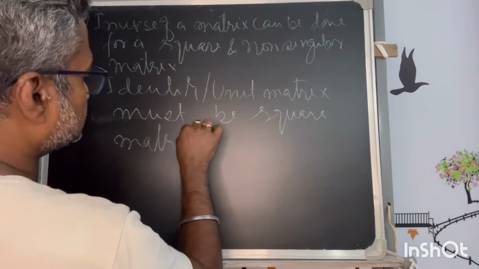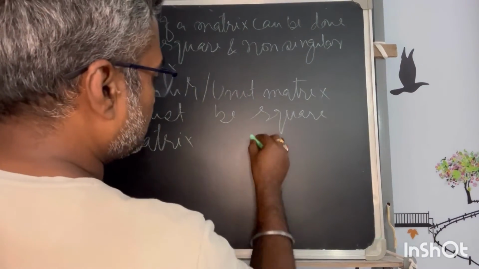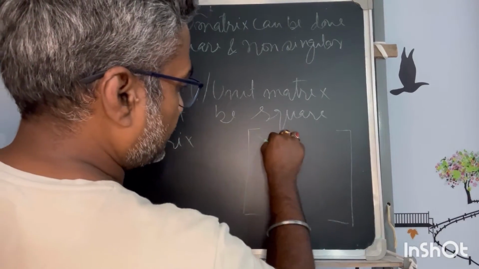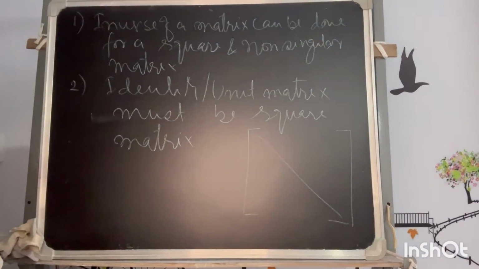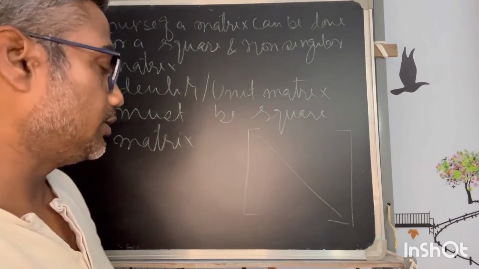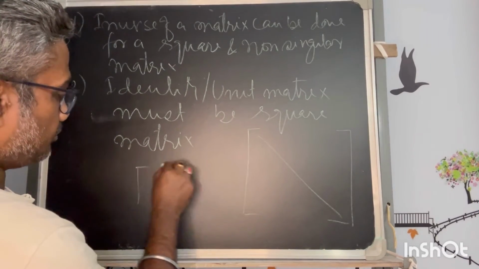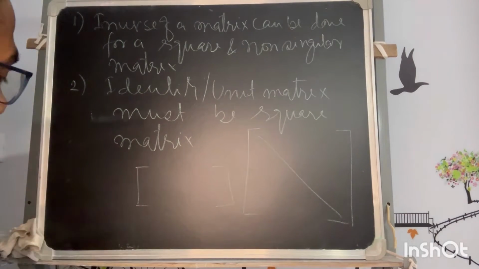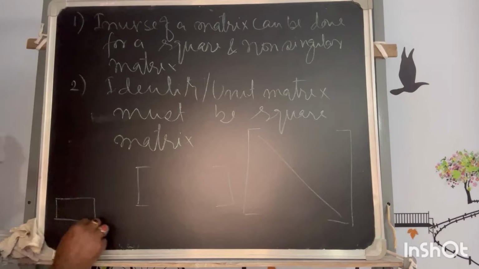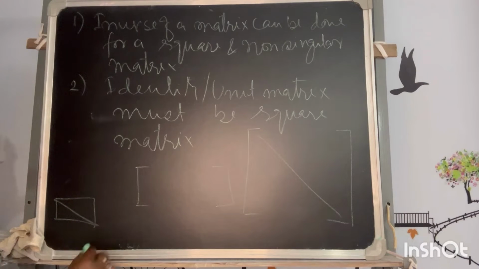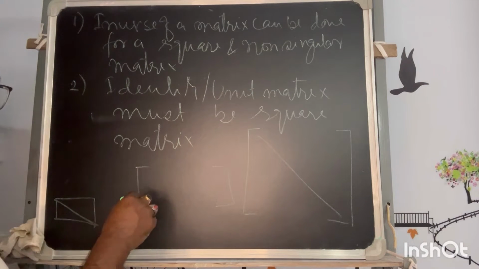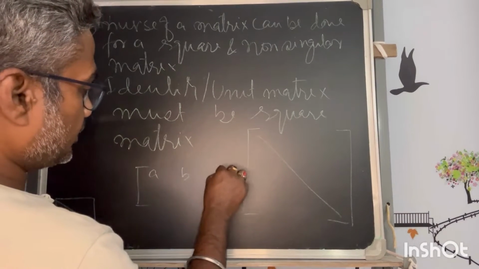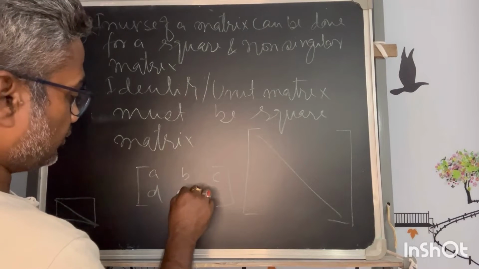Okay, so you can use your common sense, because when the prime diagonal has to be all of equal value, that is equal to 1, you cannot think of a rectangular matrix and find a diagonal. In a real rectangular figure, diagonals may be there, but here we have to cut across the elements.